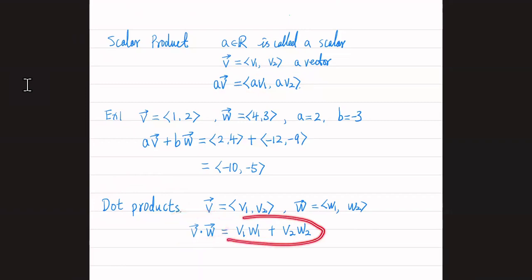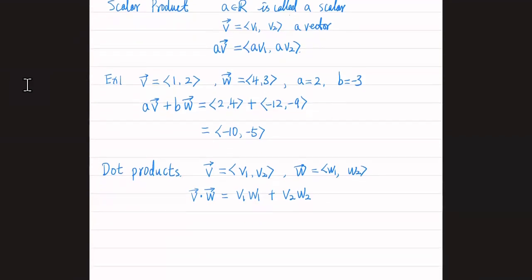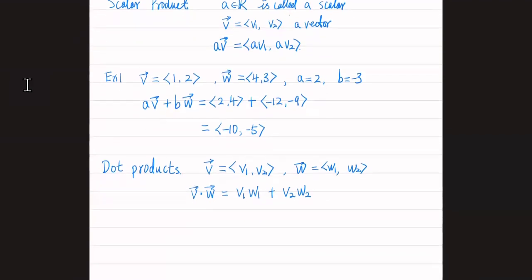The output, let me check with Aaron, is this a number or a vector? I believe that it can represent a number. Okay, yes. So the dot product of two vectors gives us a number. It's very important. So this is a number.